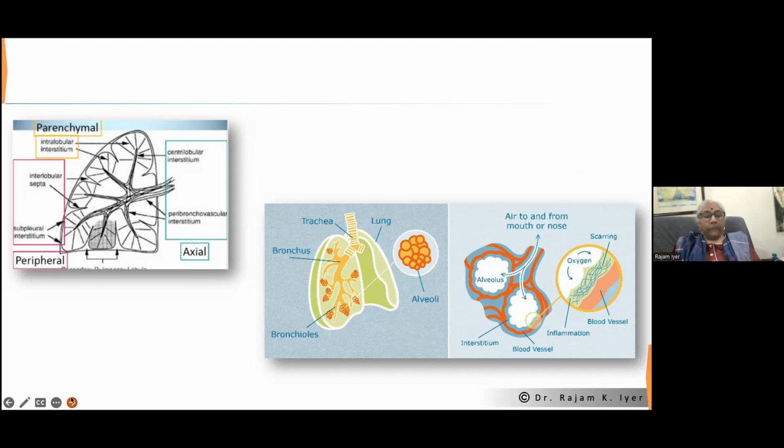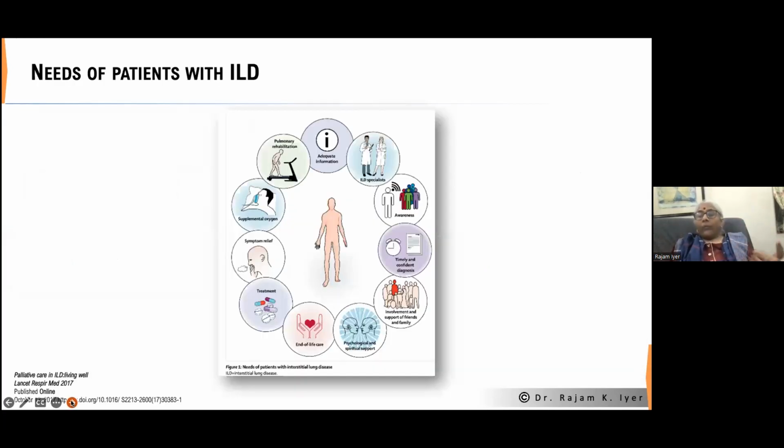So going ahead. When we talk of the interstitium, the basic problem with interstitial lung disease is that the majority of the cause is unknown. We don't know why patients get interstitial disease. There are many causes listed, which could be pigeons, which could be air conditioning which is not maintained.